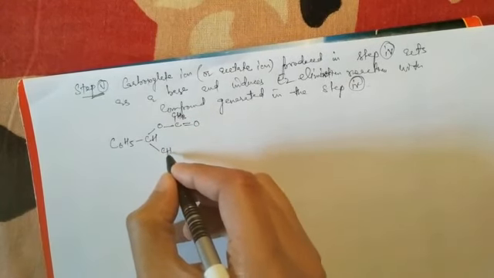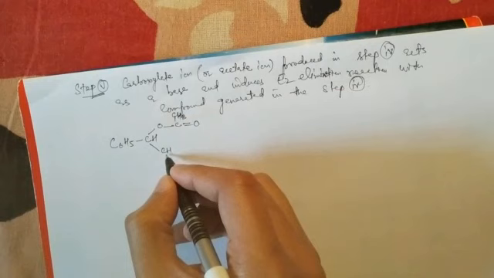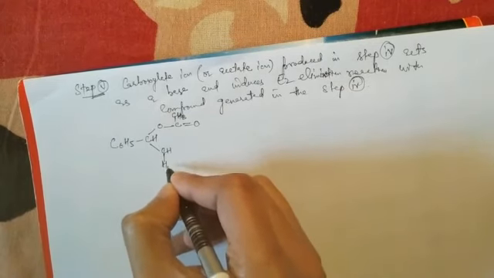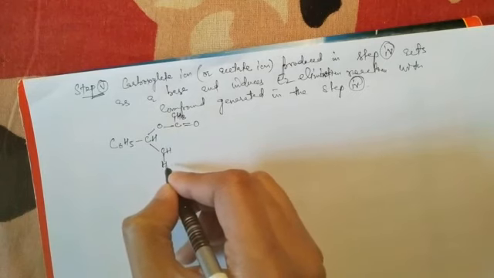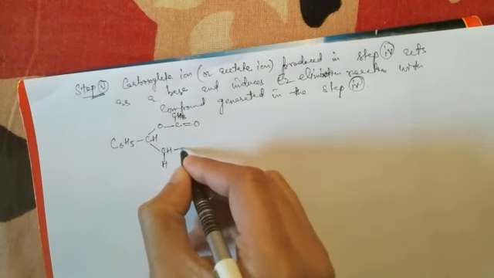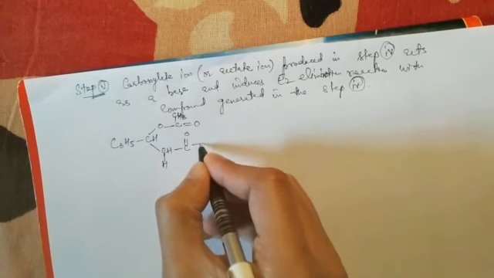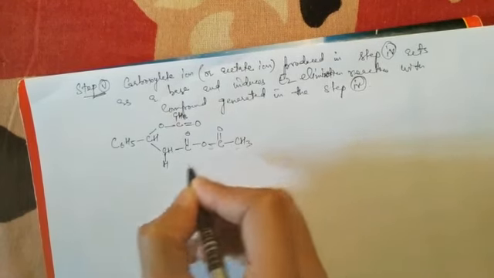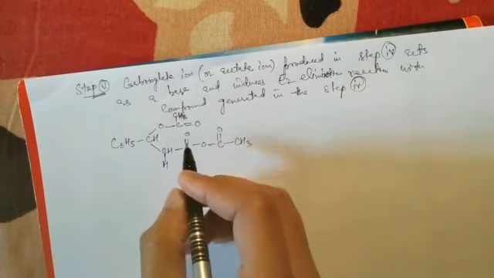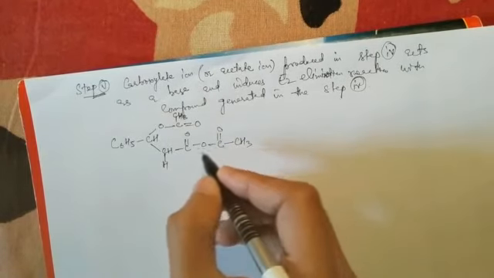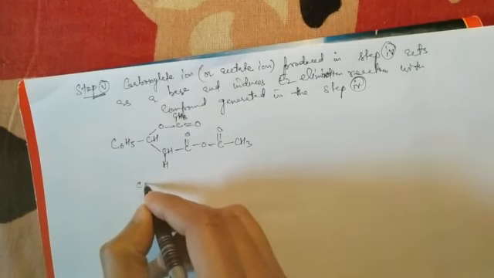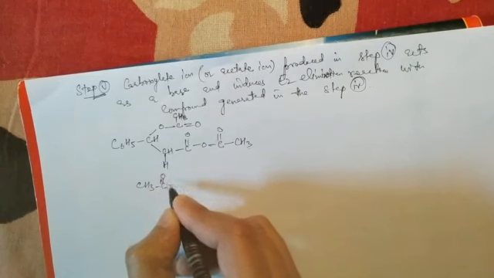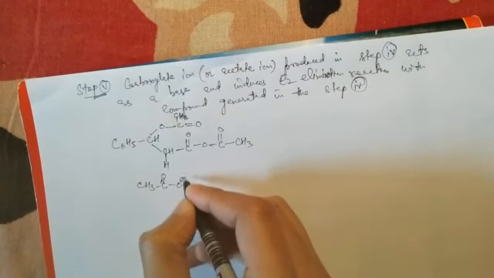Here there was a CH2 group, and one of the two hydrogens has been exposed so as to show the abstraction by the base. The base is that acetate ion which was produced in the previous step, step 4, that is CH3COO negative, the acetate ion.